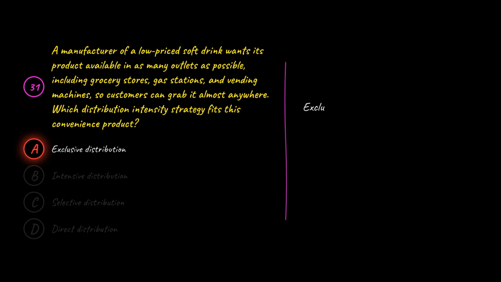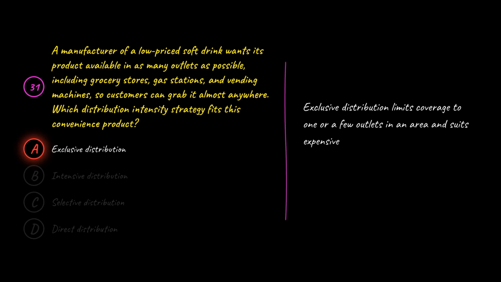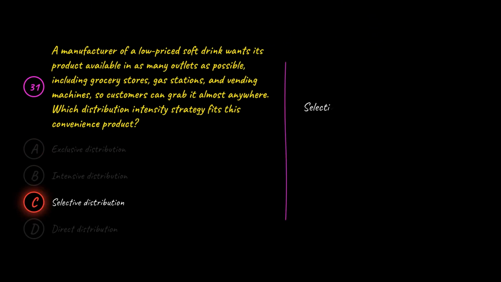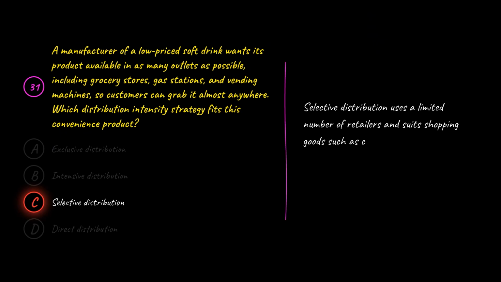A is wrong because exclusive distribution limits coverage to one or a few outlets in an area and suits expensive specialty products like luxury watches. It is the opposite of selling a soft drink everywhere. C is wrong because selective distribution uses a limited number of retailers and suits shopping goods such as clothing or appliances.